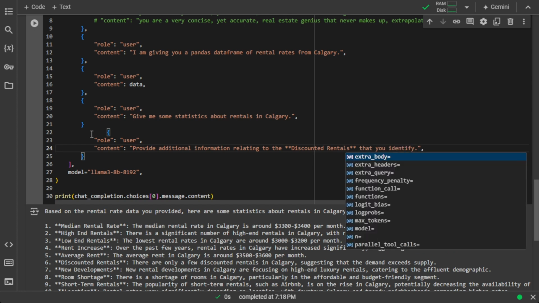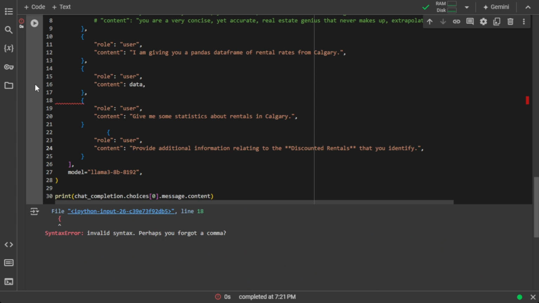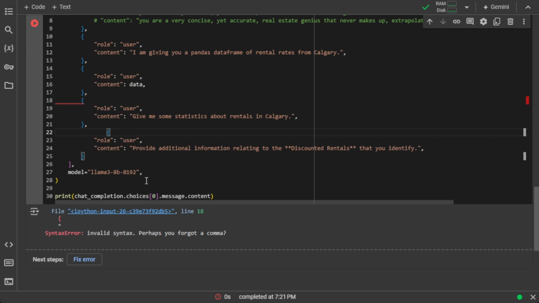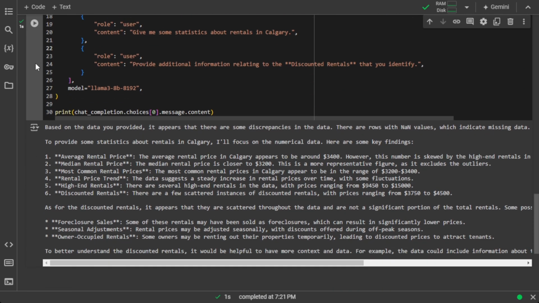Let's see. Okay, folks. Yeah, let's go like that. And then let's go like this. Yeehaw! As for the discounted, okay, let's just review this. Average, median, most common rental prices range. Rental price trend, again, talking about trends.